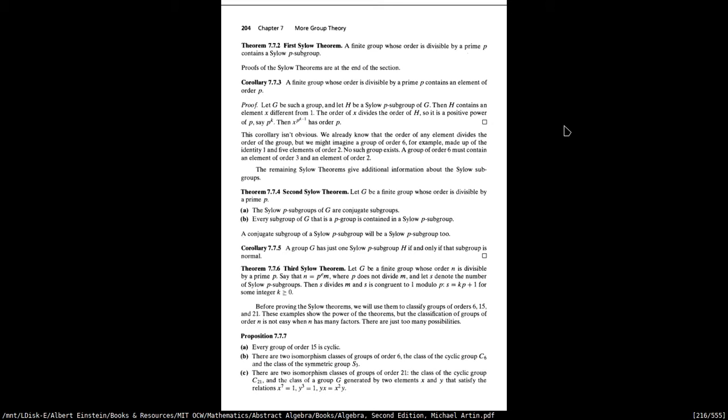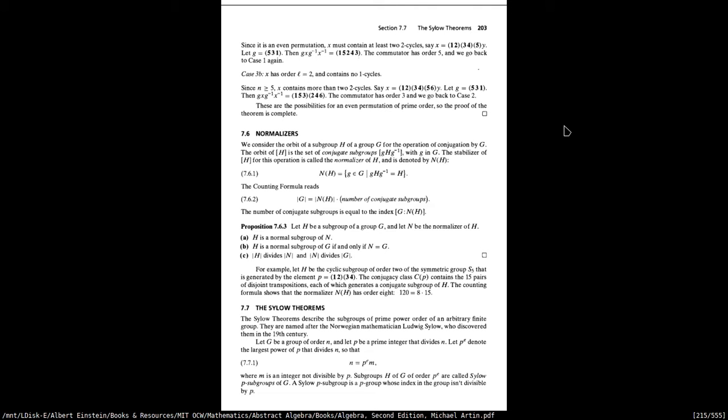So I understand classification to mean having a complete list of groups of that order, so that if you have any group of order 18, say, it's going to be isomorphic to one of the groups on your list. So it's like the equivalence class of that order. Bingo.